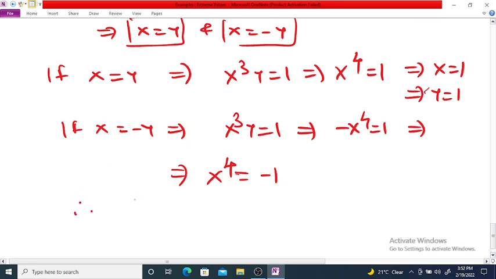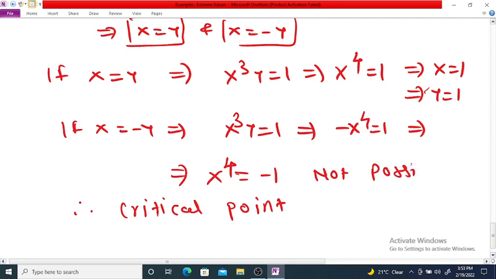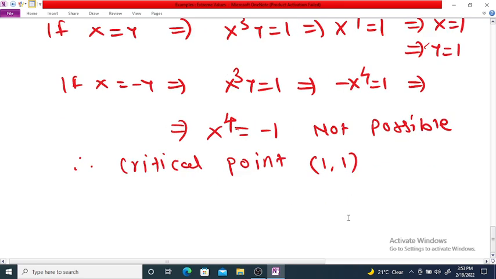So the critical point is (1, 1). Now apply the second derivative test.